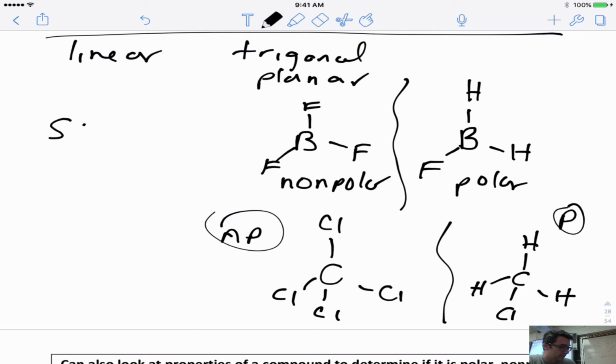Remember the acronym SNAP? Symmetrical, nonpolar, asymmetrical, polar. But since you know the shapes, you have an advantage. If I have a lone pair on that central atom, if I'm bent, if I'm trigonal pyramidal, I'm going to be polar. If I'm linear, tetrahedral or trigonal planar, I have to check and see if I am going to be polar or not.